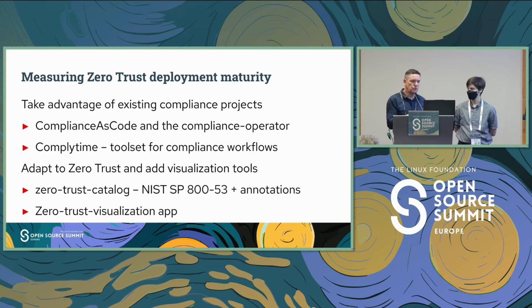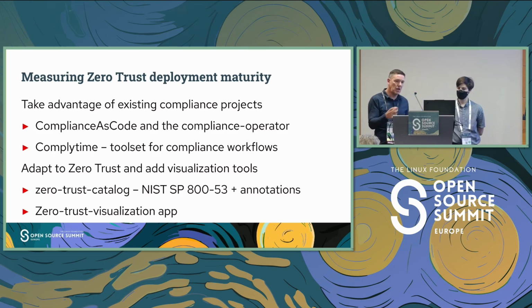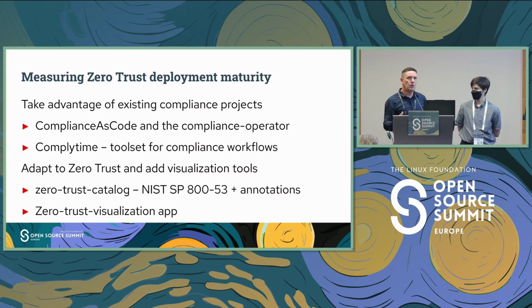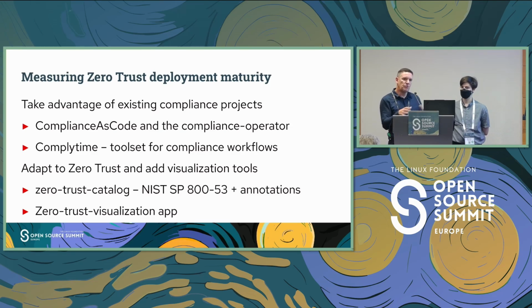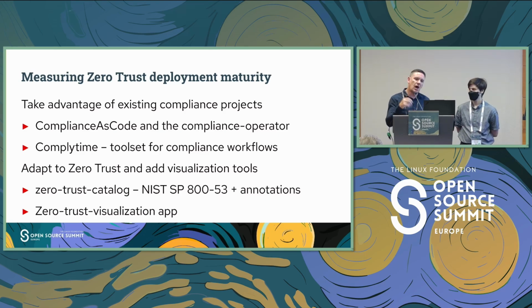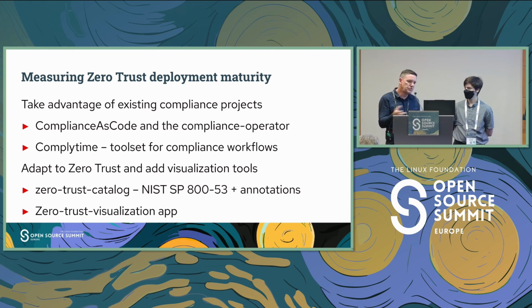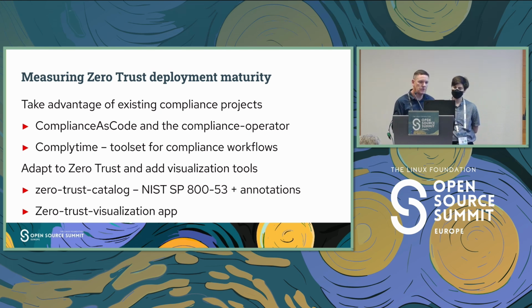There's also a set of tools that have been being developed called Comply Time, which aim to modernize some of the ways in which this kind of work is done and make it interoperable with projects that are being delivered by other companies across the CNCF ecosystem. And so what we're going to demonstrate later in the talk is how we're making use of this to adapt it to our zero trust goals.